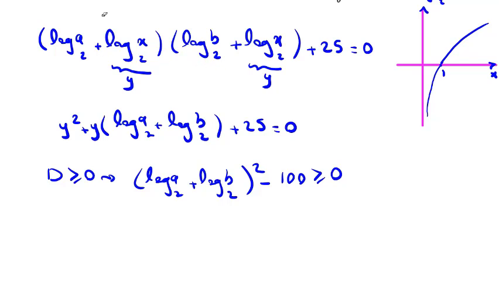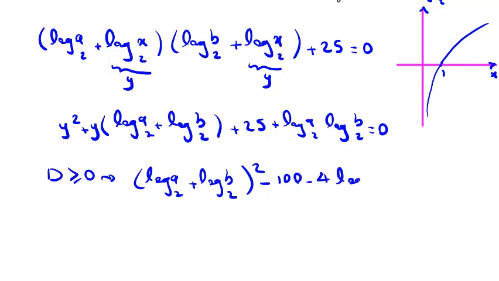Sorry. We forgot to consider log a in base 2 times log b in base 2. So here it will be minus 4 times log a base 2 times log b base 2, minus 100, is at least 0.